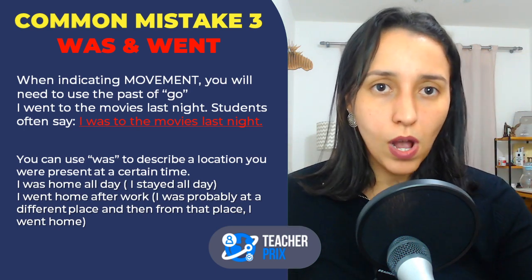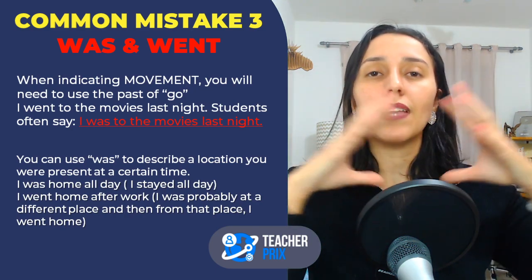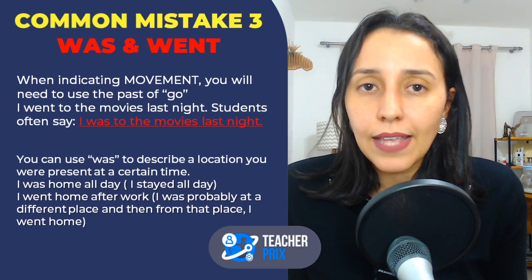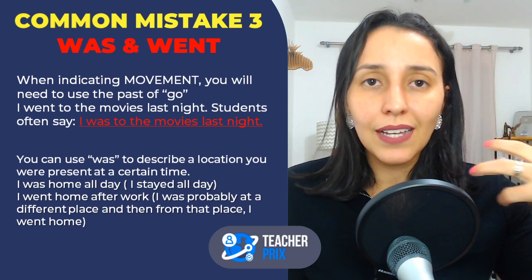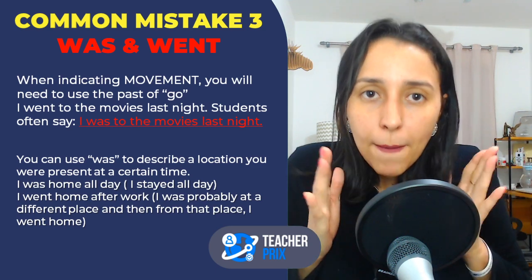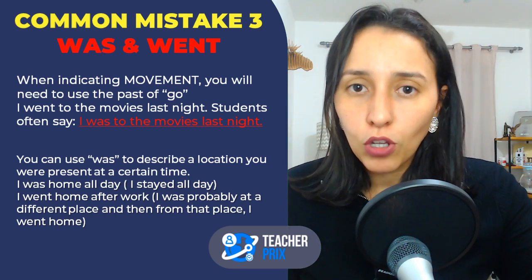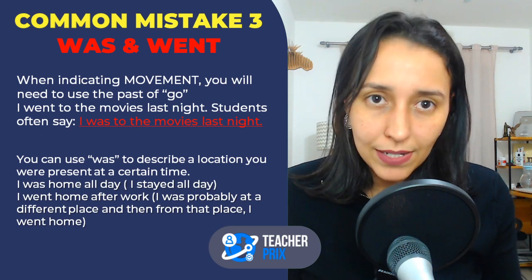So verb to be was and verb go in the past went. They use these words as if they were the same thing. They are not the same thing. The verb to be doesn't indicate movement, okay? Only the verb go does that. And in the past, went.